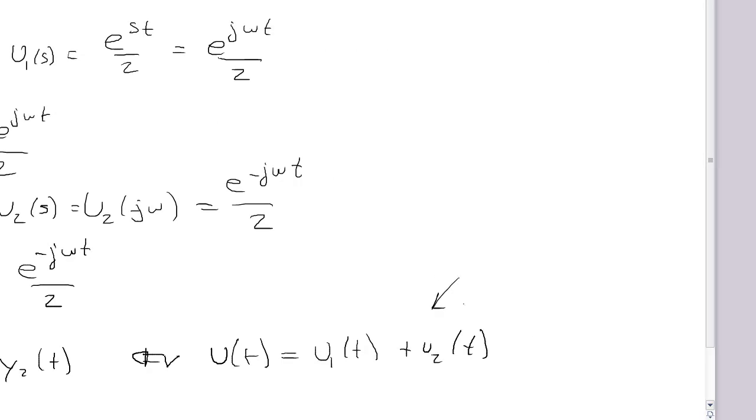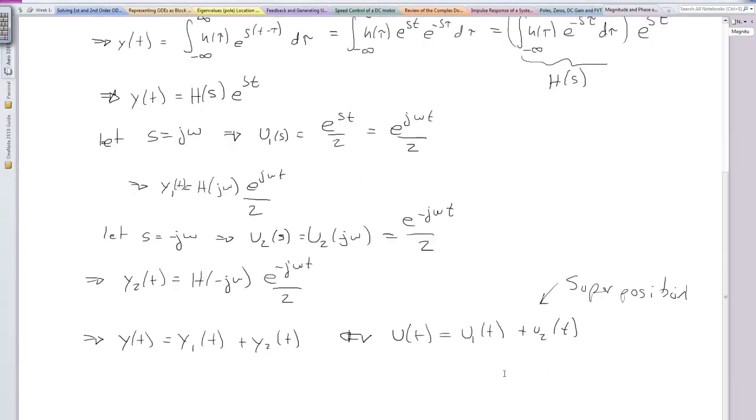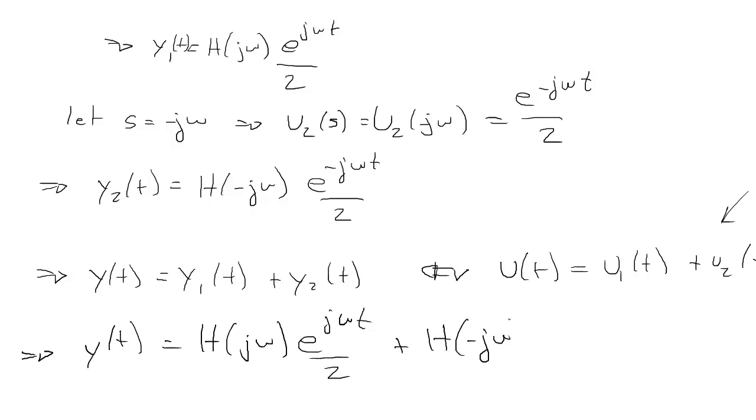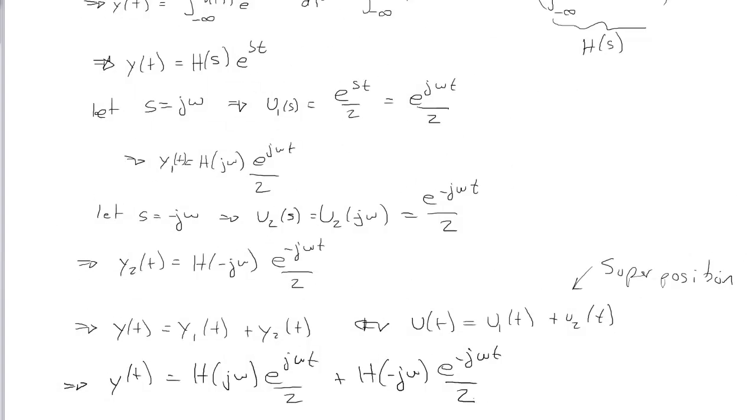And this is all from superposition. Therefore, our final expression for y would be h of j omega e to the j omega t over 2 plus h of minus j omega, e to the minus j omega t over 2.